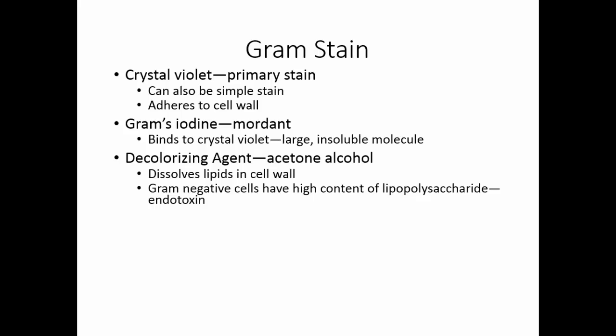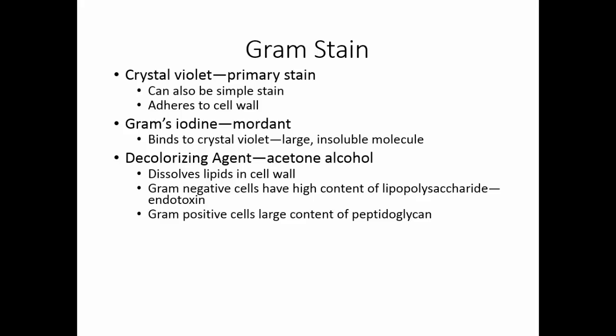This lipopolysaccharide acts as the endotoxin for these cells. The endotoxin is what makes people generally feel yucky if they have a gram-negative infection. They feel bad, they have a fever, those kinds of things are the result of the endotoxin. But this lipopolysaccharide is soluble in acetone and alcohol.